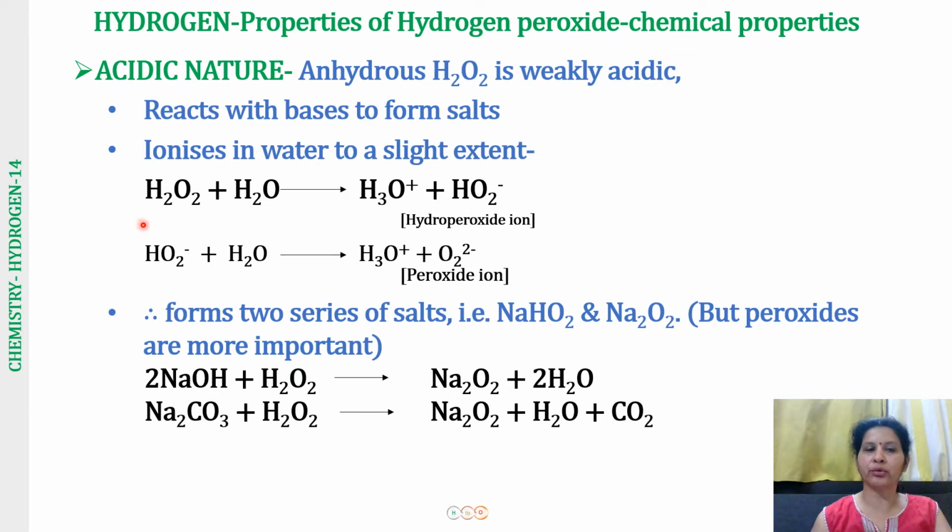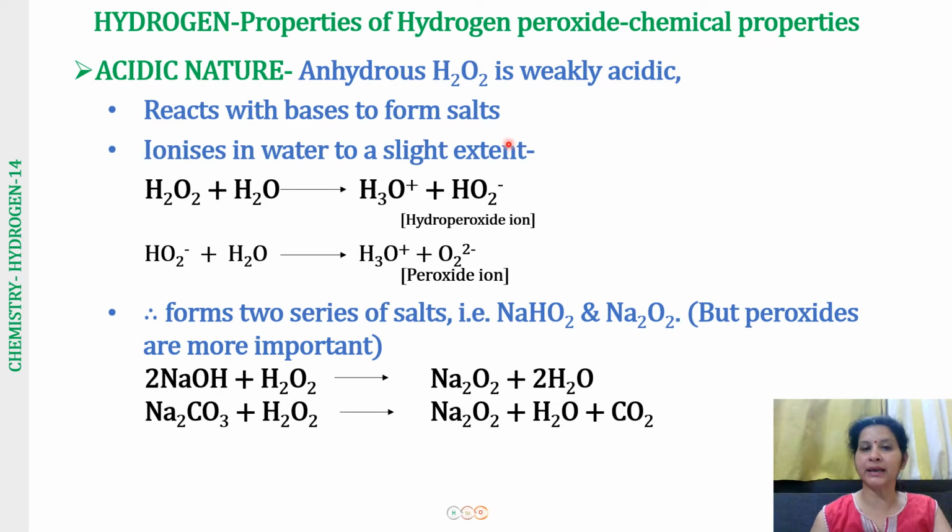So H2O2 plus water will form the hydronium ion, that is H3O+, and the HO2- ion, which is the hydroperoxide ion, right? And then this HO2-, on further reaction with water, can form H3O+ and O2 2-, which is the peroxide ion.